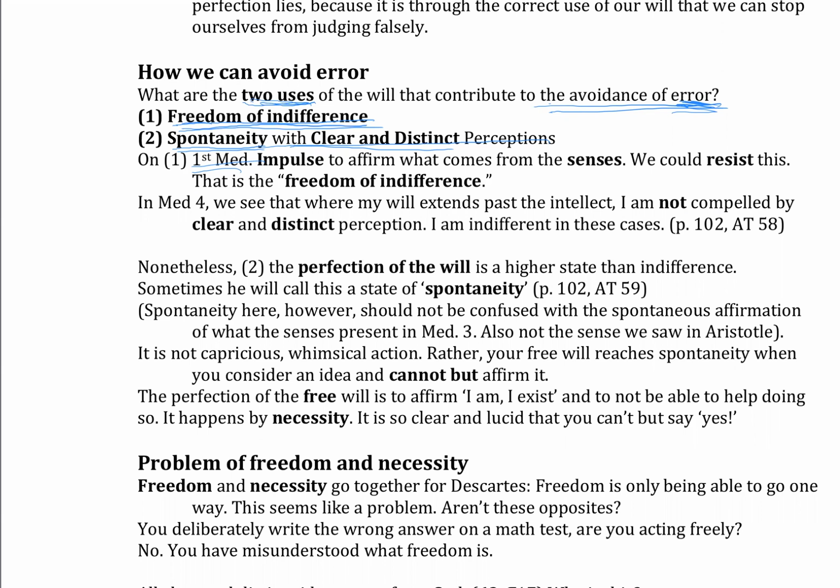So the fact that we could withhold our assent and stop our judgment, the fact that we could resist the temptation to judge that the senses are presenting things correctly was exhibit A for our freedom of indifference. And that's the first way in which we can avoid error.